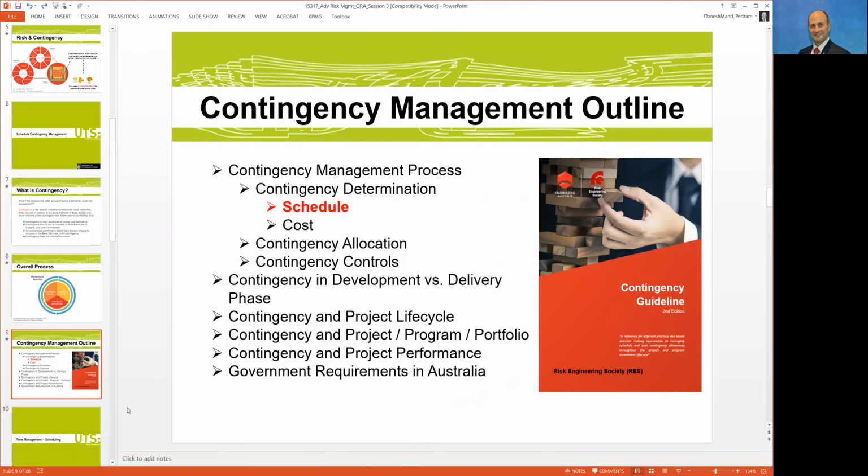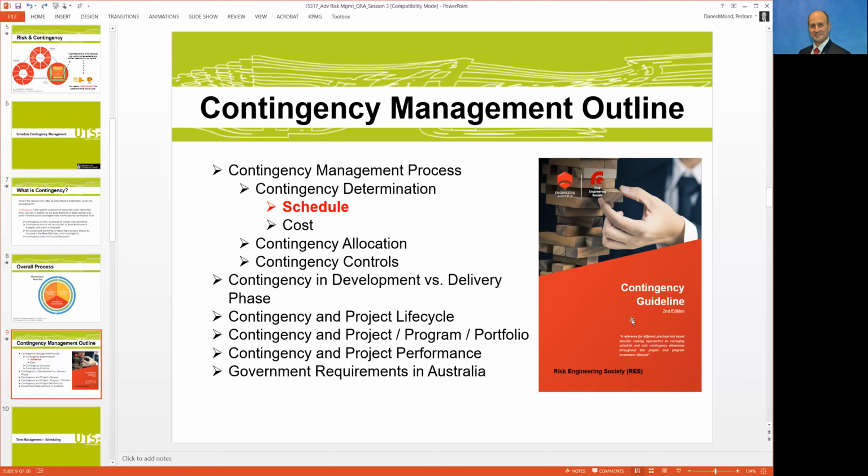In terms of contingency management, that's the document I was talking about, the contingency guideline, second edition. The key elements of the topic, as you can see, are the process, determination, allocation, and controls; development and delivery; going through the project life cycle; contingency at different levels of project, program and portfolio; contingency and project performance; and government requirements in Australia.